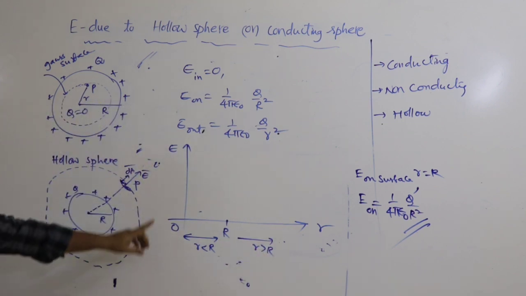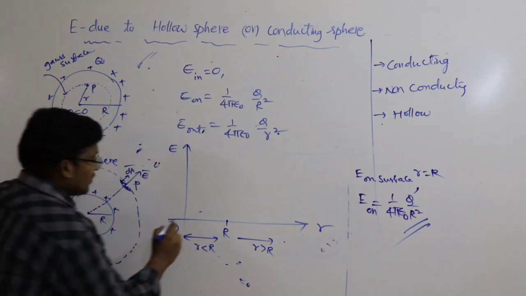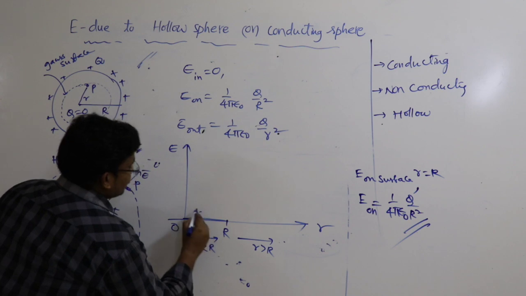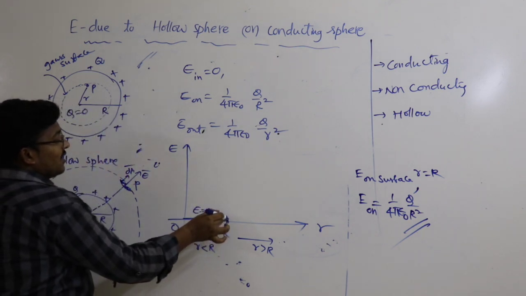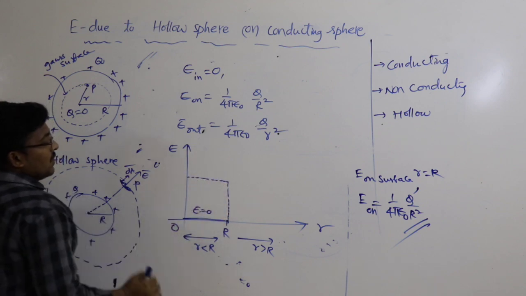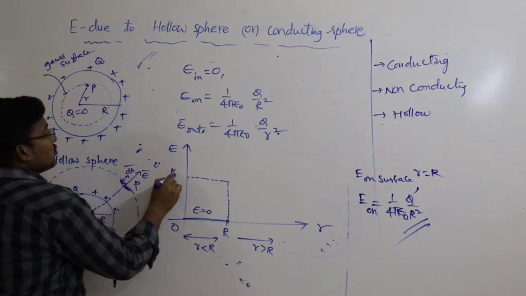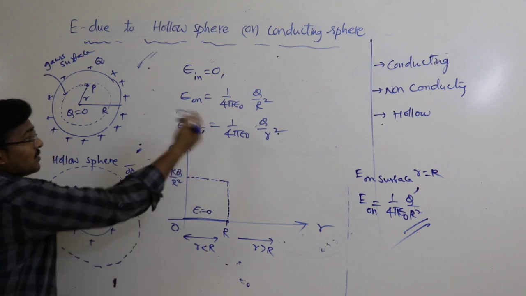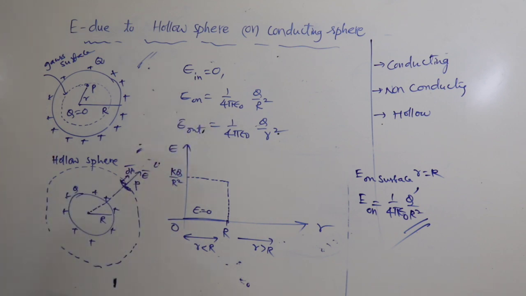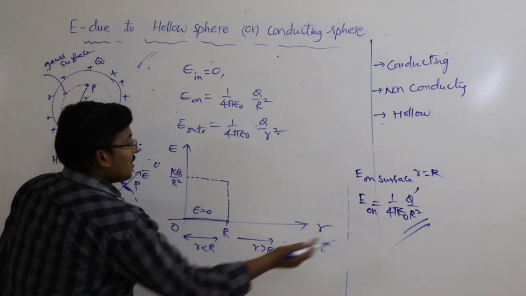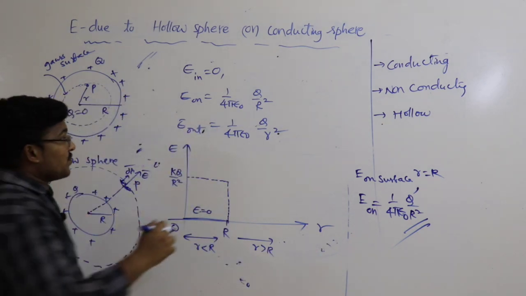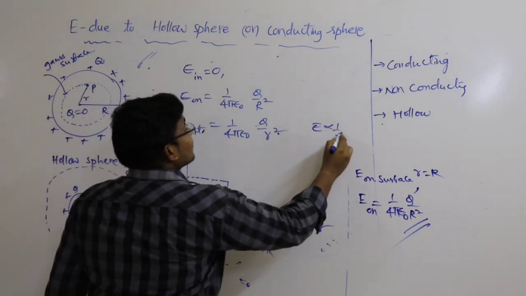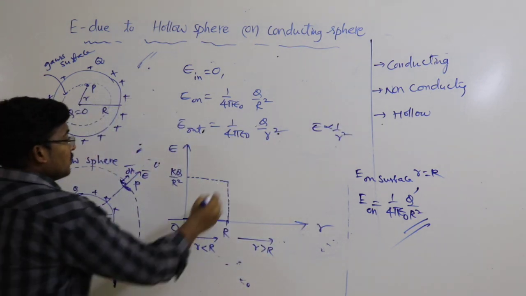We know that the electric field is 0 up to the radius R, because inside it is 0. And now suddenly at R the electric field goes to maximum. At R the electric field goes to kq by R square, where k is 1 by 4 pi epsilon naught. After that R, meaning outside, as E is inversely proportional to R square, you will get a parabola-like graph.